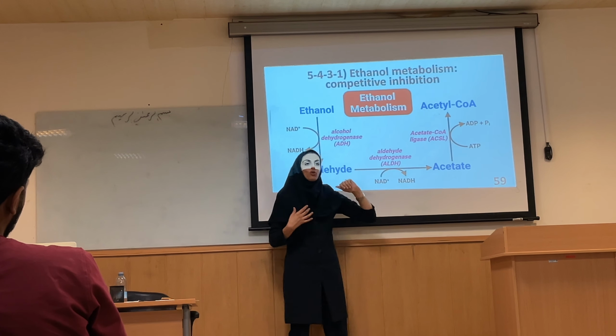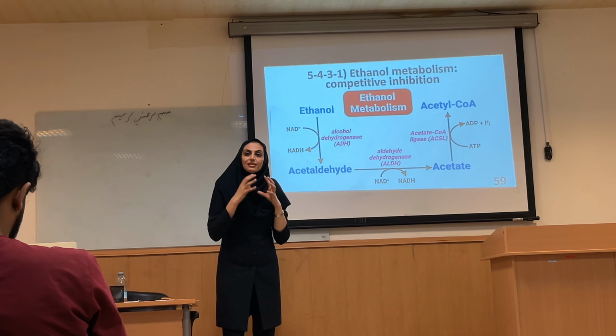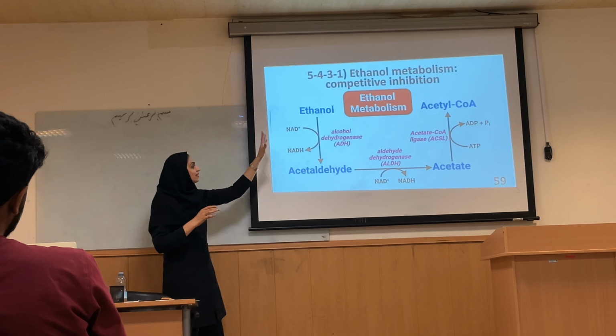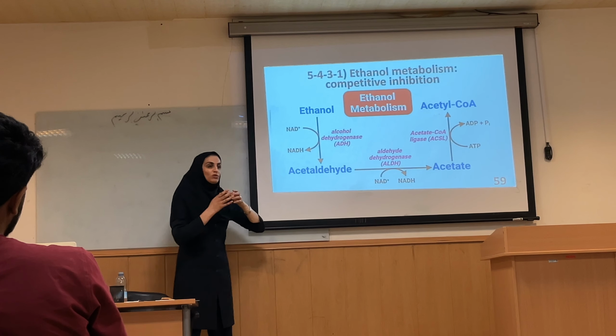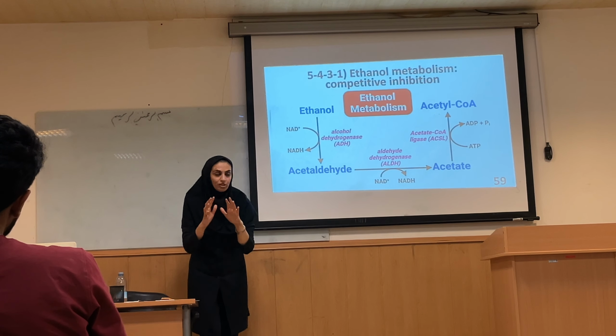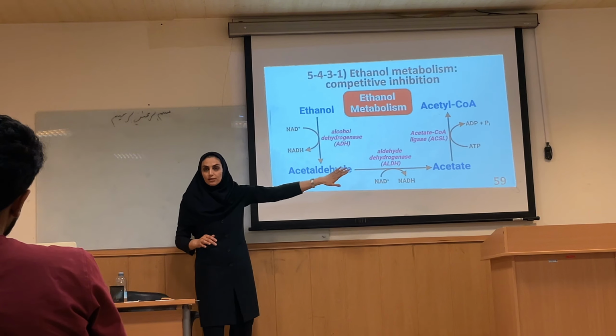After that, acetyl-CoA can be metabolized in a safe way. I'm not speaking about the excess of NADH or overdosing of ethanol, just about the normal situation. It is the pathway by which ethanol is metabolized.